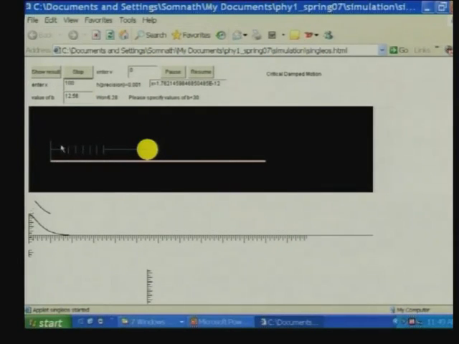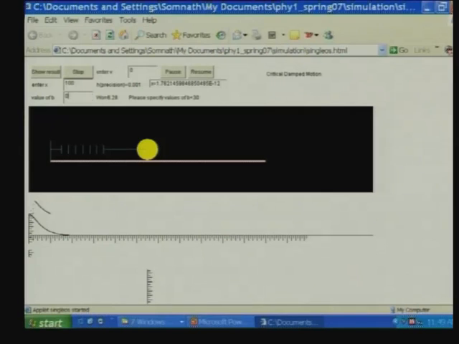So, this is the spring mass system whose motion we are going to simulate, and in the simulation you can give the initial position over here. It has been set, the value is now 100, the initial velocity is 0, and let us set the value of B to 0.